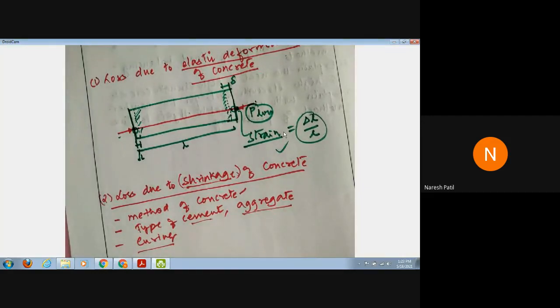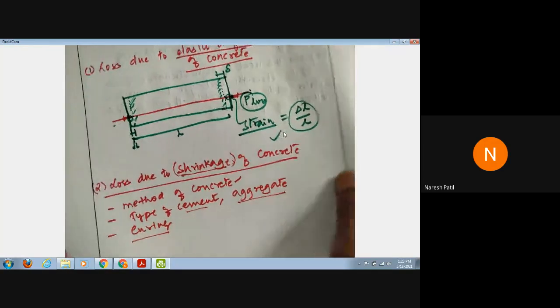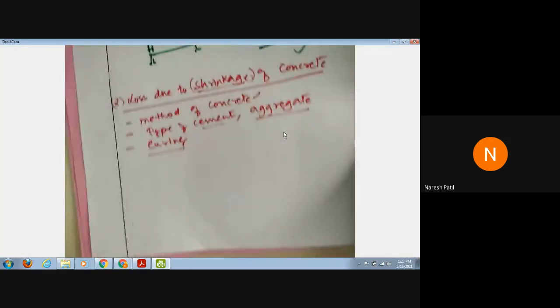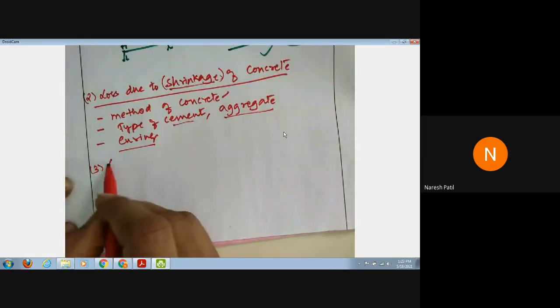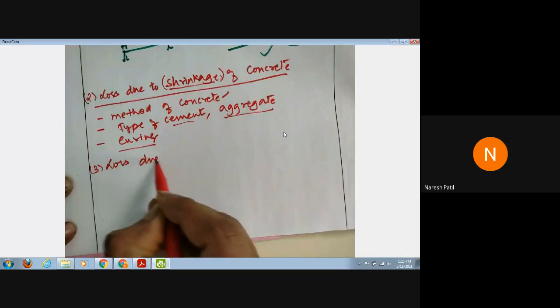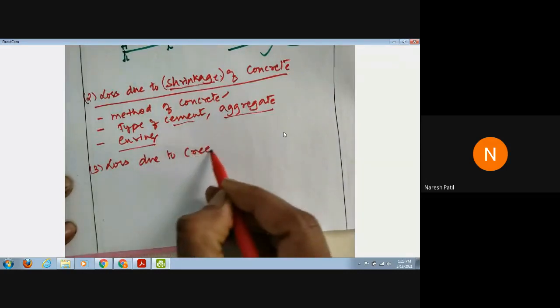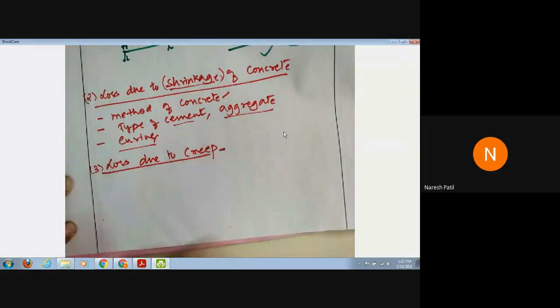Next we have loss due to creep, which is again very important. The third loss is loss due to creep. So what is creep? Creep is a time dependent loss.